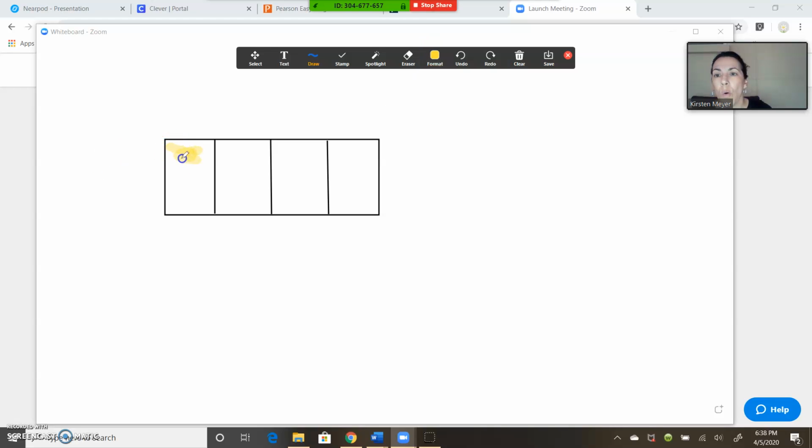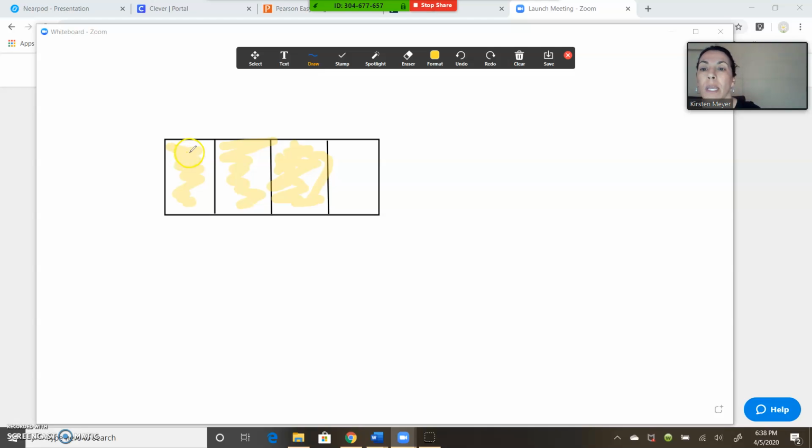So of this whole, I'm going to shade in some parts, and I see that I shaded in 3 of the parts. I know that I have 4 parts. My numerator always tells me how many parts I'm discussing, and my denominator tells me how many parts in the whole.